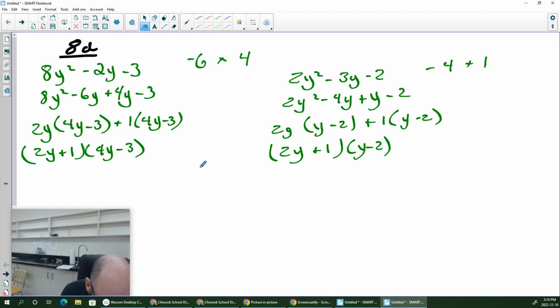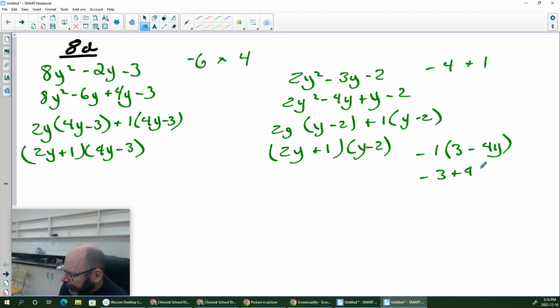The other thing that you can see there, Case, is that you've got a 3 minus 4y, and if you look up here, we've got a 4y minus 3. So if we take 3 minus 4y and multiply that by negative 1, that's going to be negative 3 plus 4y, which equals 4y minus 3.